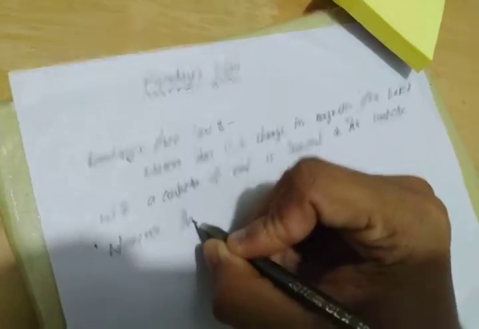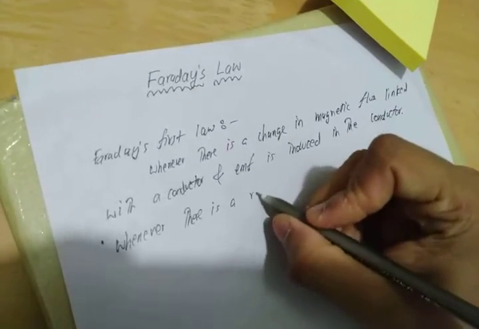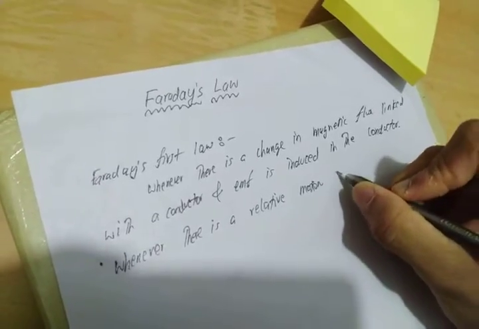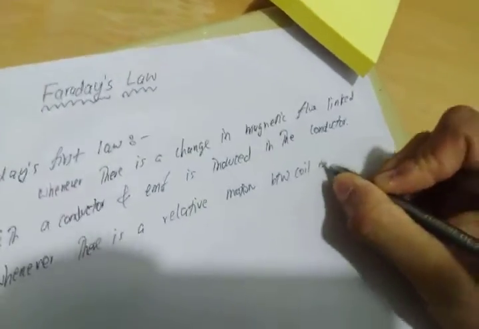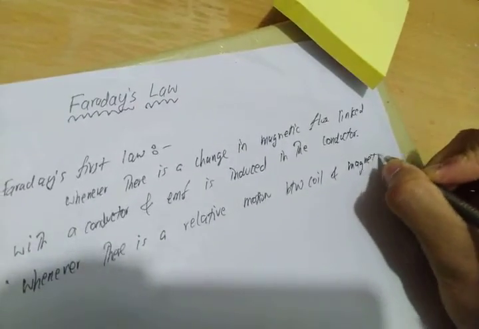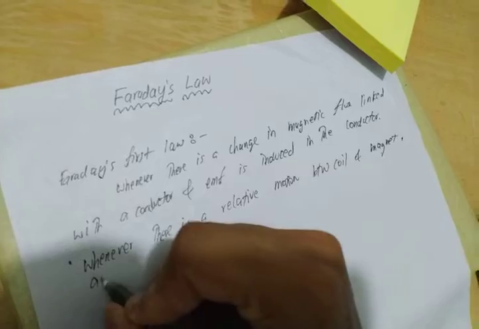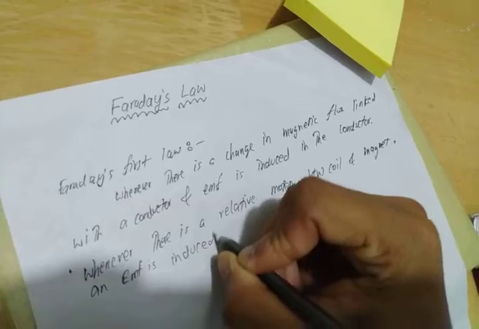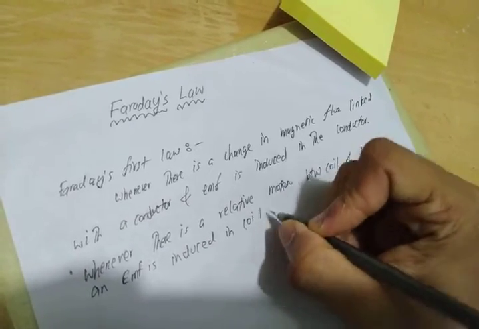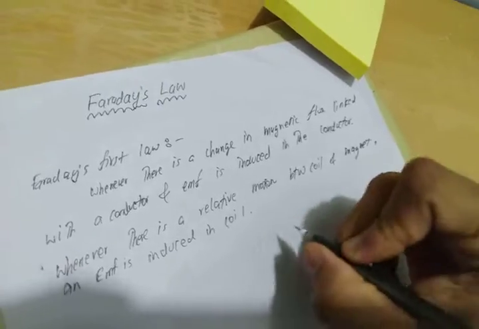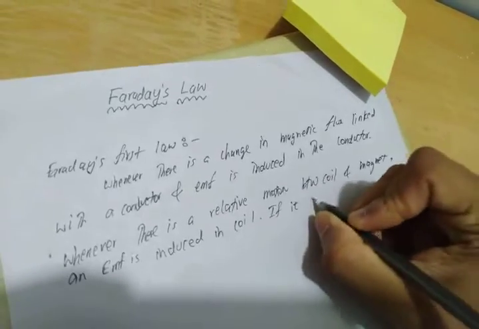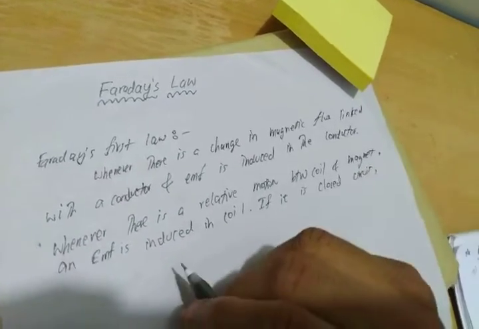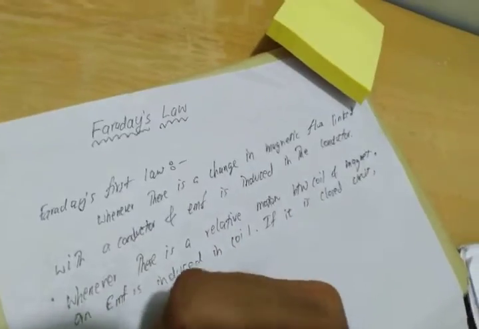Whenever there is a relative motion between coil and magnet, an EMF is induced in the coil, if it is a closed circuit, and induced current flows through it.